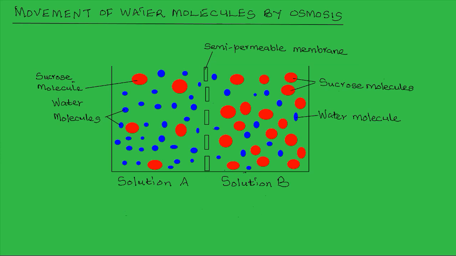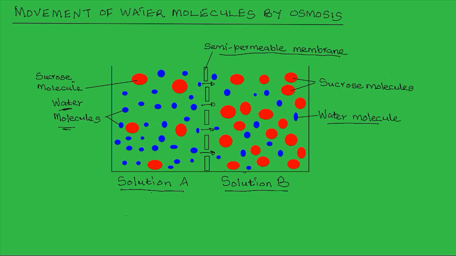Solution A has a higher concentration of water molecules compared to solution B. Therefore, water molecules will flow from where they are highly concentrated in solution A across the semi-permeable membrane to solution B. Now, the flow of water molecules will continue until an equilibrium is established between the two solutions. That is, the levels of water molecules in the two will be equal.